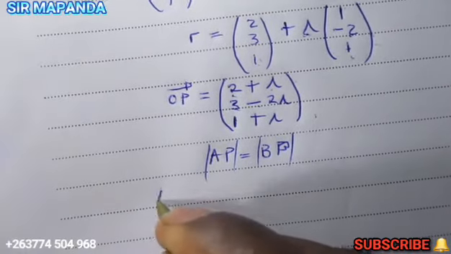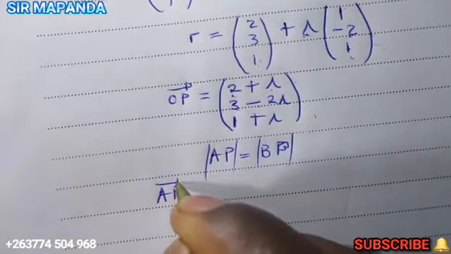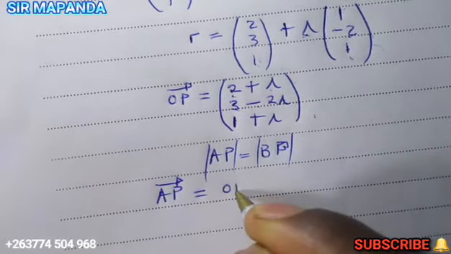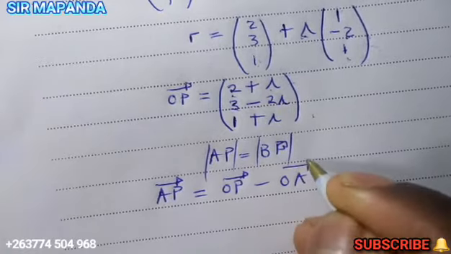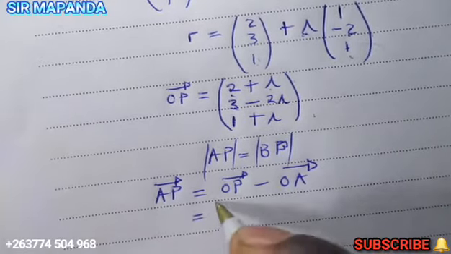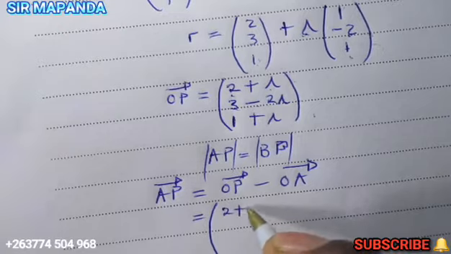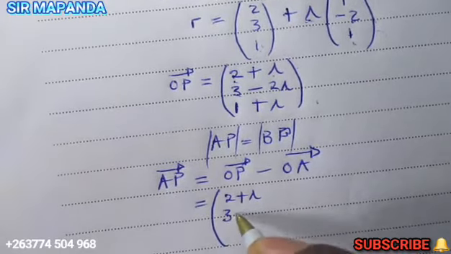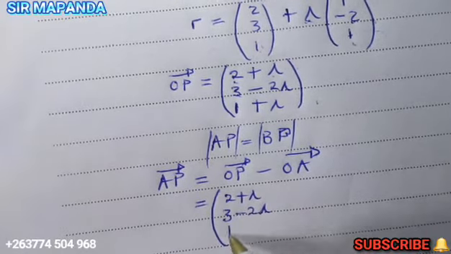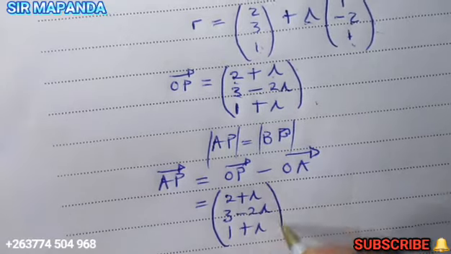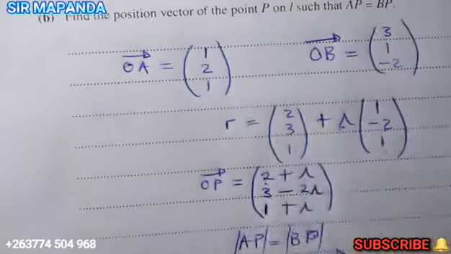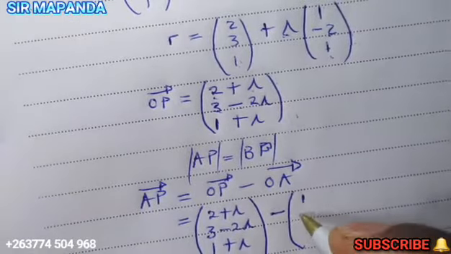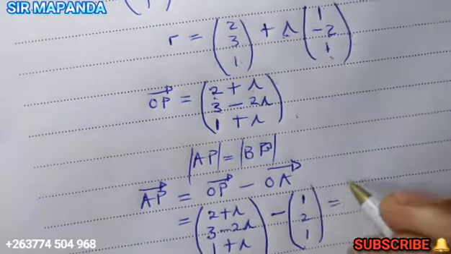So I'm going to find AP first, right? Using the formula OP minus OA, where OP is denoted by (2 plus lambda, 3 minus 2 lambda, 1 plus lambda), then OA is the position vector given here, (1, 2, 1), right?